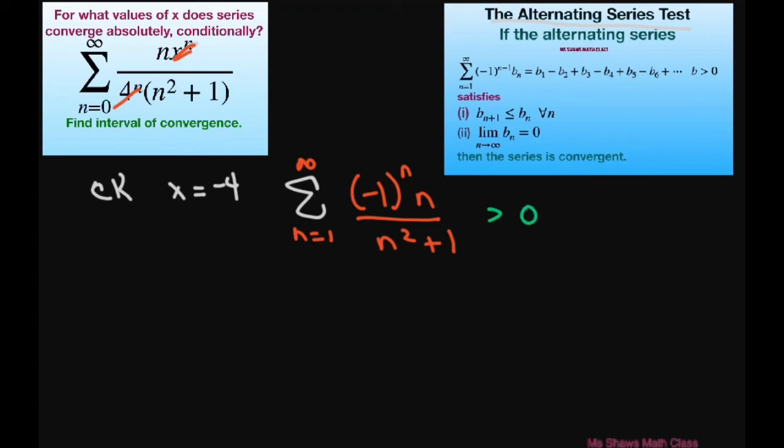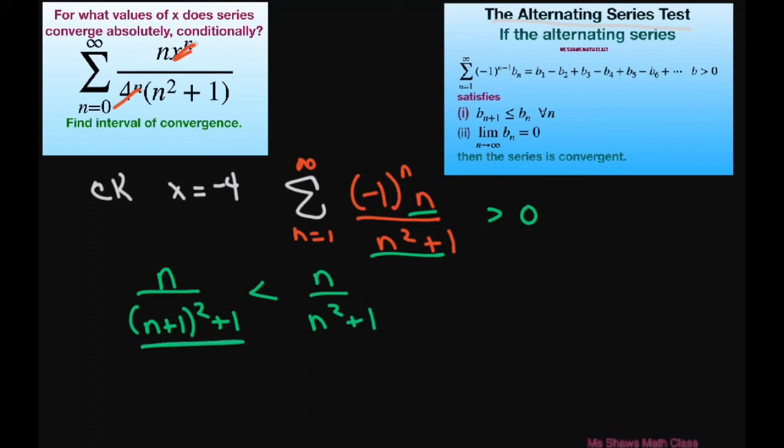If we compare it to, let's just look at this part here, n divided by n plus 1 squared plus 1, that's less than n divided by n squared plus 1, because this denominator is larger than this one. So it is decreasing.